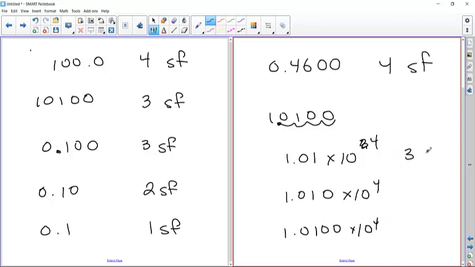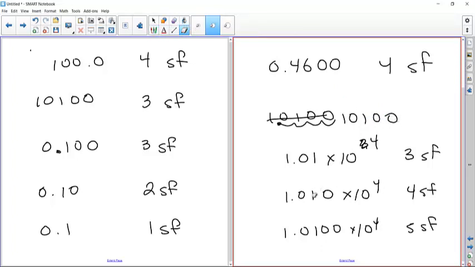I could show it as 1.0100 times 10 to the fourth. This would be 3 significant figures. This would be 4 significant figures. This would be 5 significant figures. They all represent 10,100. And there's no way to show this significance without using scientific notation, because I could put a decimal point here and that would make it 5 significant figures, but I can't put anything here because it would change the meaning of the number.